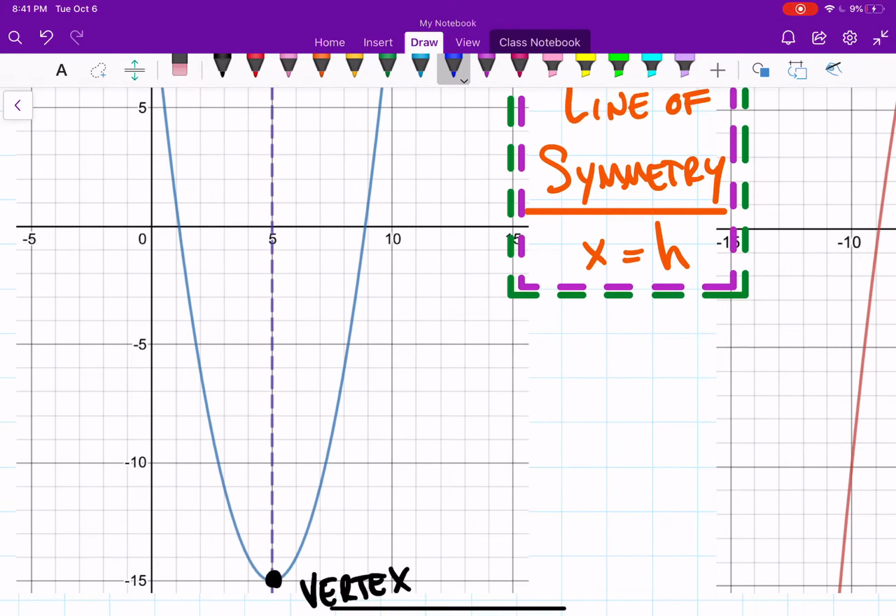And then we also have these two right here, right? What are these? These are the x-intercepts. And what do I know about x-intercepts? Correct. y is equal to 0, right?